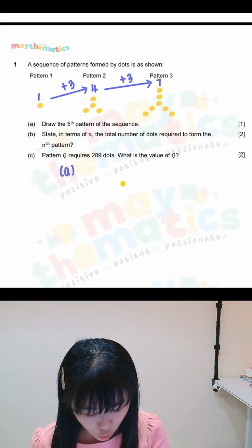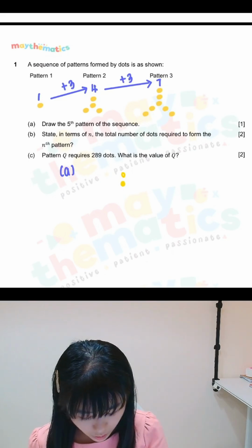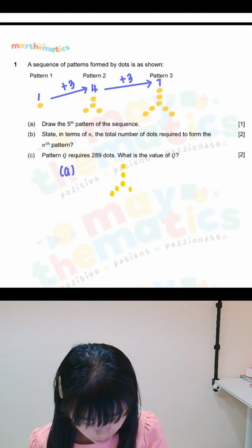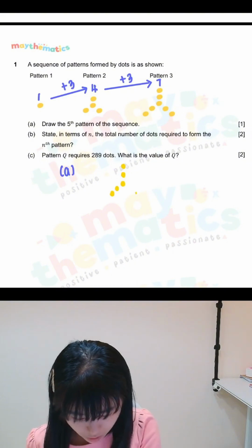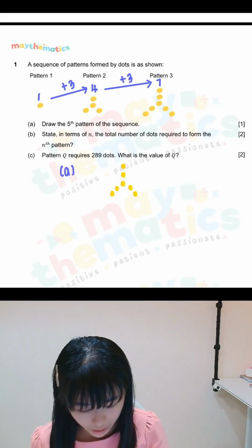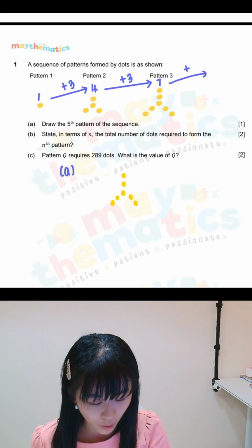So I will draw 1, 2, 1, 2, 3, 4, 5, 6, oops, 6, 7. Okay, now we confirm no, right? The next one must plus 3 again, but where do you plus the 3?